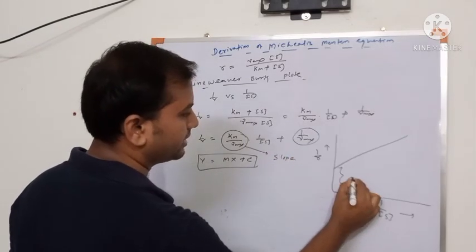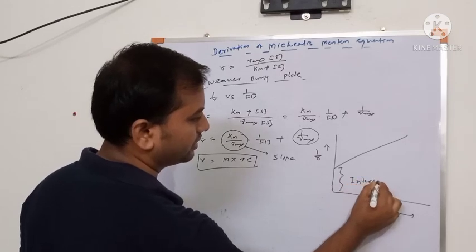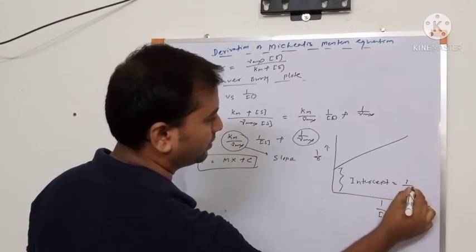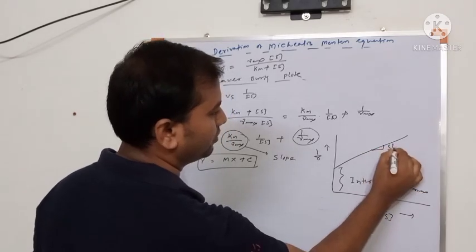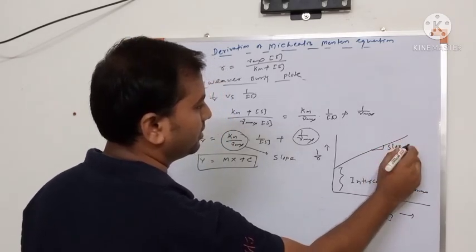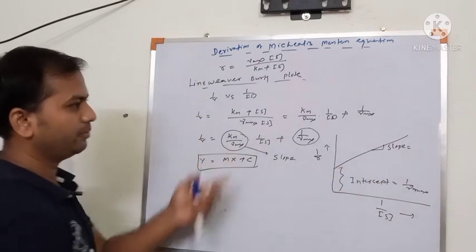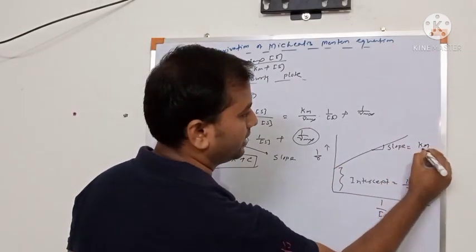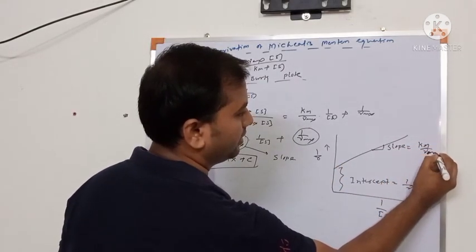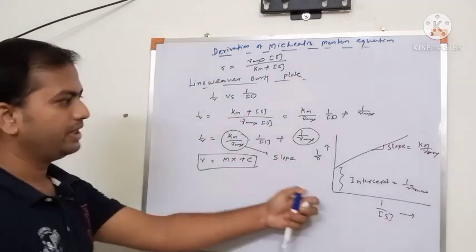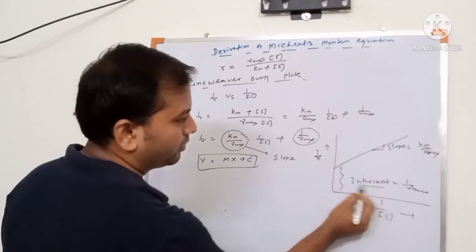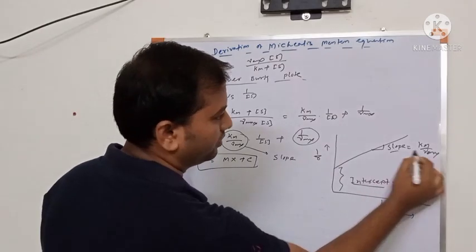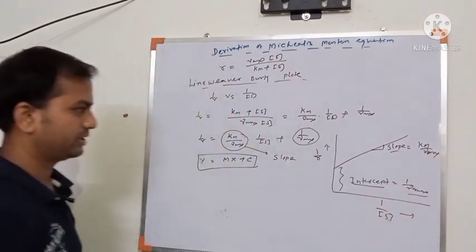So intercept equal to 1 by nu max and slope equal to Km by nu max. This is a very important plot: intercept equal to 1 by nu max and slope equal to Km by nu max.